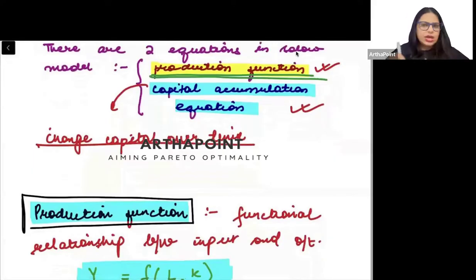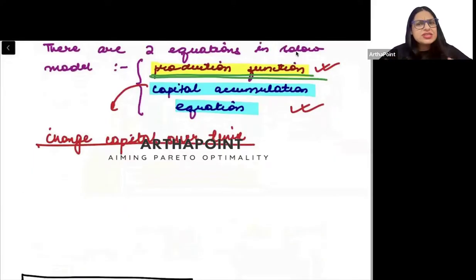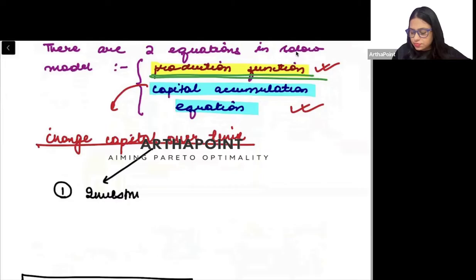Now just try to think about it. What are the reasons why capital can change over time? Well, the first reason why capital can change is that there can be investment, right? So if you do investment, जैसे आज तक I had, for example, one machine.